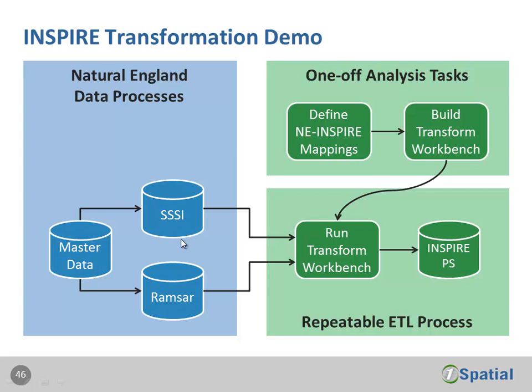So the sites of special scientific interest and Ramsar sites, which are international wetland areas, amongst other protected sites, are available to download. But Natural England themselves store the data in a database initially. So we have carried out the ETL process on a set of published files.